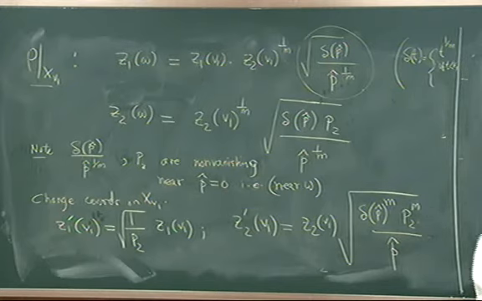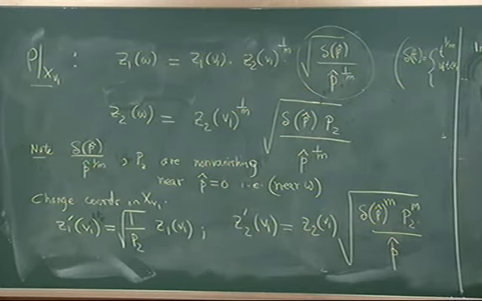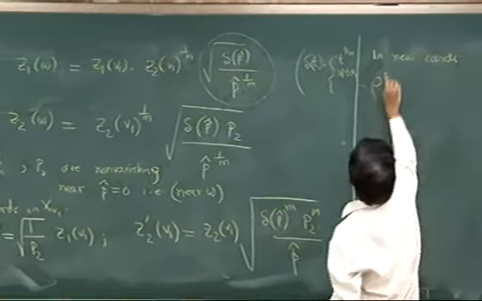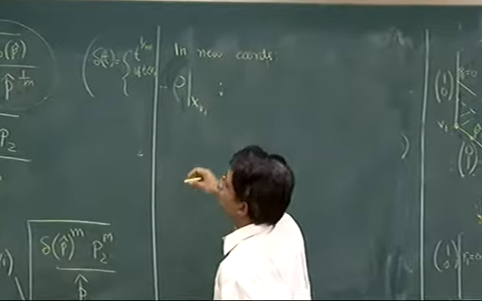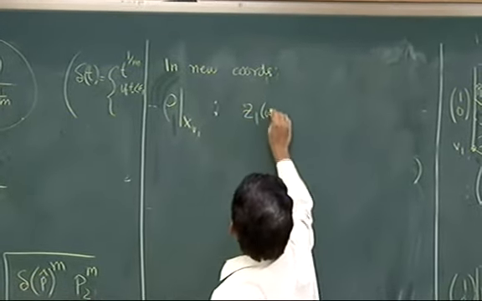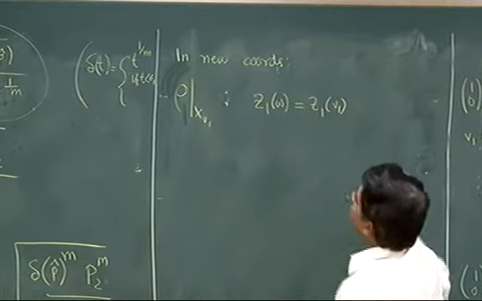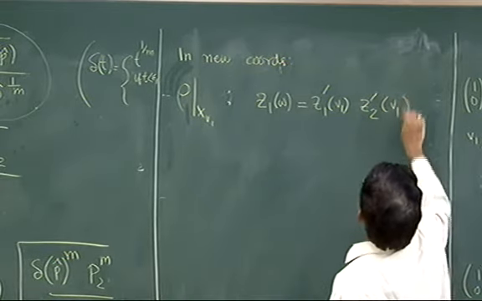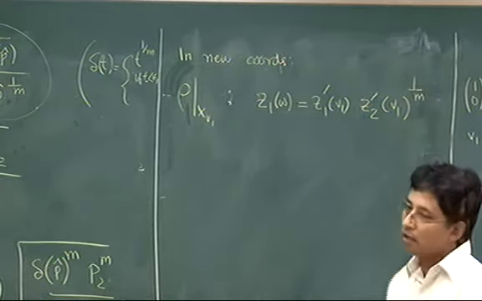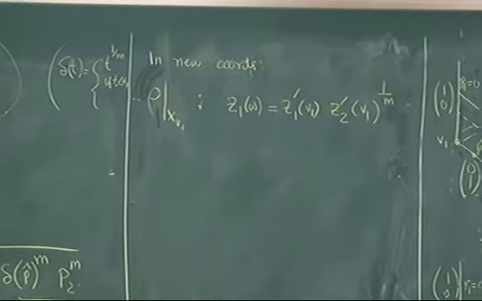Okay, so in these new coordinates, rho is given by what you want, Z1(W) equal to Z1 prime (V1) times Z2 prime (V1), Z2(W). The point is that this kind of map is holomorphic.